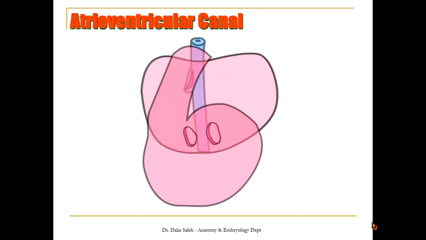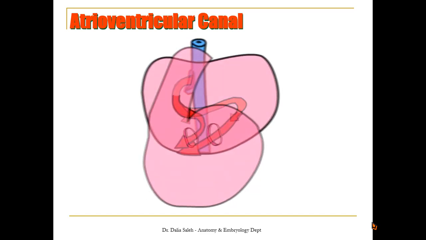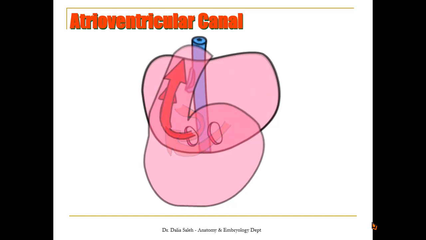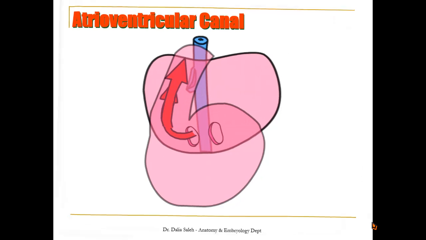Thus, the AV canal is now divided by the septum intermedium into right AV canal and left AV canal. And the blood can pass from the common atrium through these two AV canals to the ventricle and then leaves the heart through the outflow part, or the truncus arteriosus.